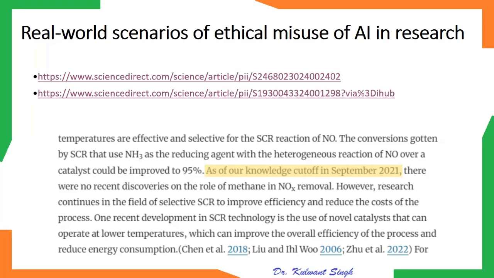So we will use AI tools, but with some ethical considerations. We will take care of all those things that may have a negative impact on our publication after acceptance, right?